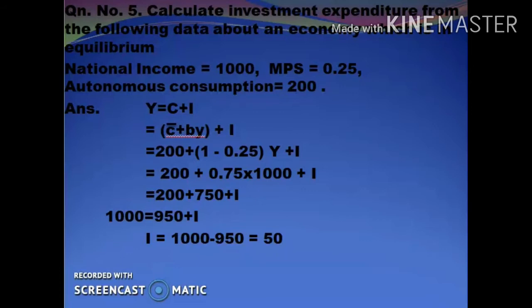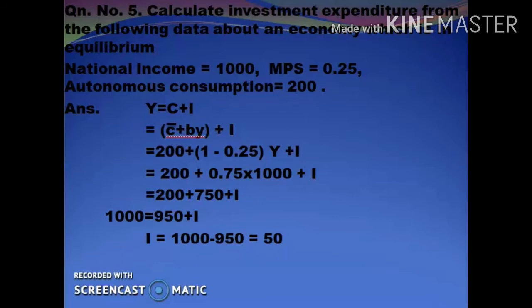Why are we subtracting 1 minus 0.25? As MPS is given, you have to convert it to MPC. So b is MPC, so it is 1 minus 0.25, the MPC value, into Y.